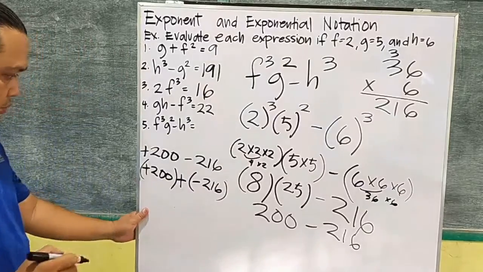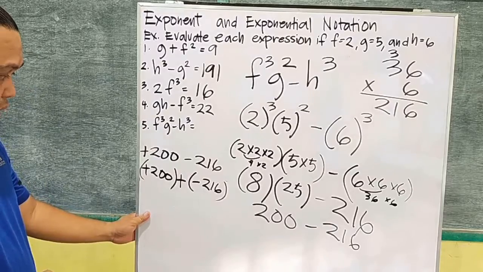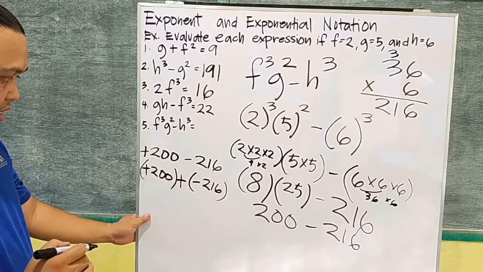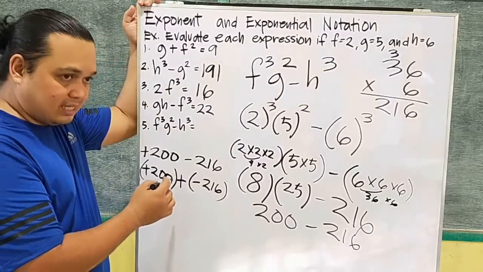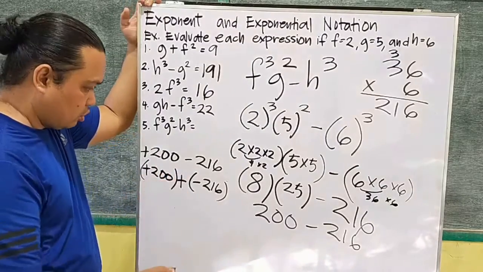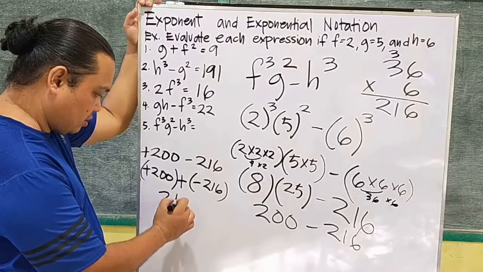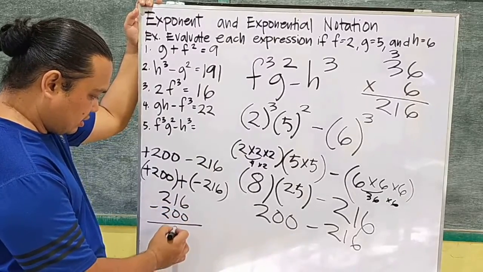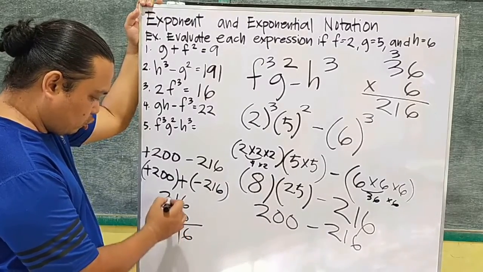We are now adding unlike integers. To add unlike integers, just subtract the numbers and copy the sign of the number that has the greater value. Let's follow the addition rule of integers. First subtract the numbers: 216 minus 200. 6 minus 0 is 6, 1 minus 0 is 1, 2 minus 2 is 0.